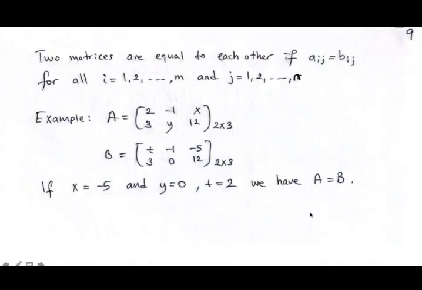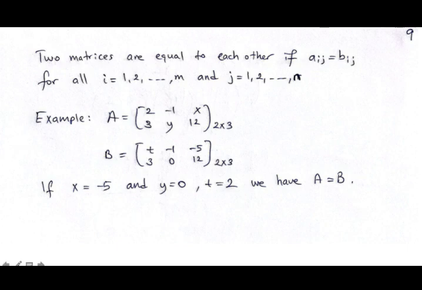Now, two matrices are called equal to each other if every element is equal, or in other words, they are identical in terms of the elements at the same indices. So for all i, j, a_ij values must be equal to b_ij values for i from 1 to m and j from 1 to n. Here's an example.